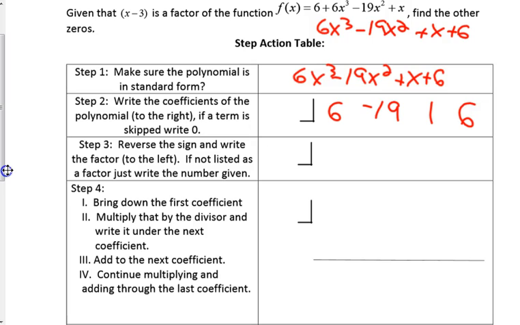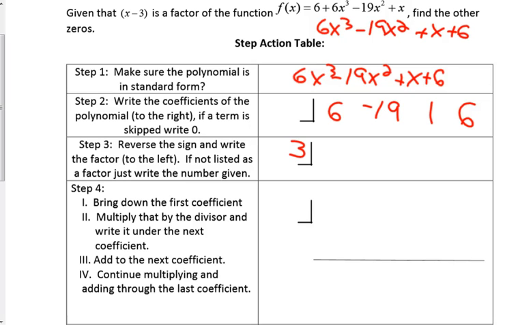Okay, now it says reverse the sign and write the factor to the left. It says reverse the sign of the factor. So if this is x minus 3, what do I need to write to the left? Just the sign reversed. So if it's minus 3, then it's 3. That's it. This only works if they give you a factor.